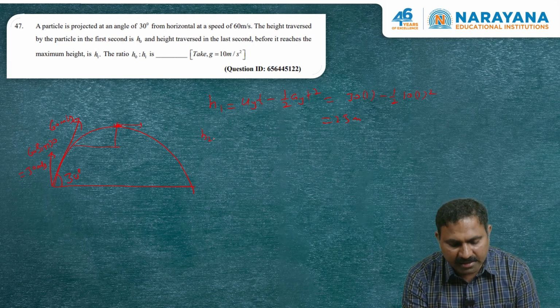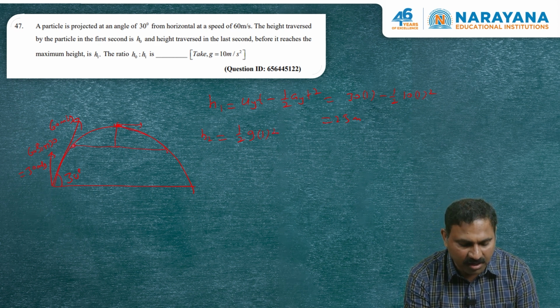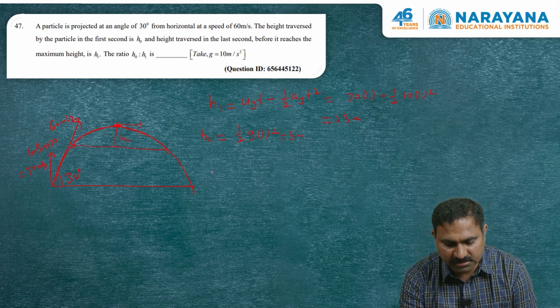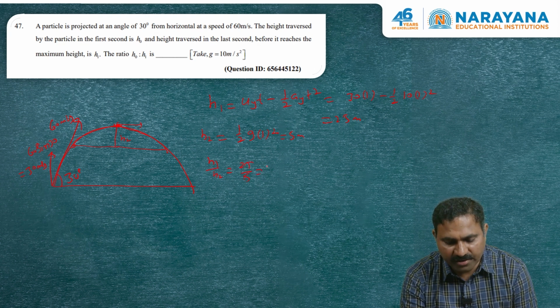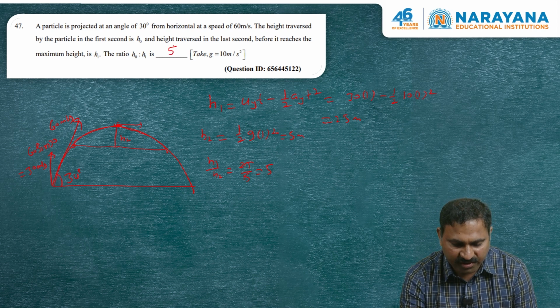So that can be written as h1 equal to simply half g 1 square. The first second from the highest point is the same as the last 1 second while it is moving up. So this is simply 5 meters. Now the ratio of h0 by h1 is 25 by 5, which is 5.